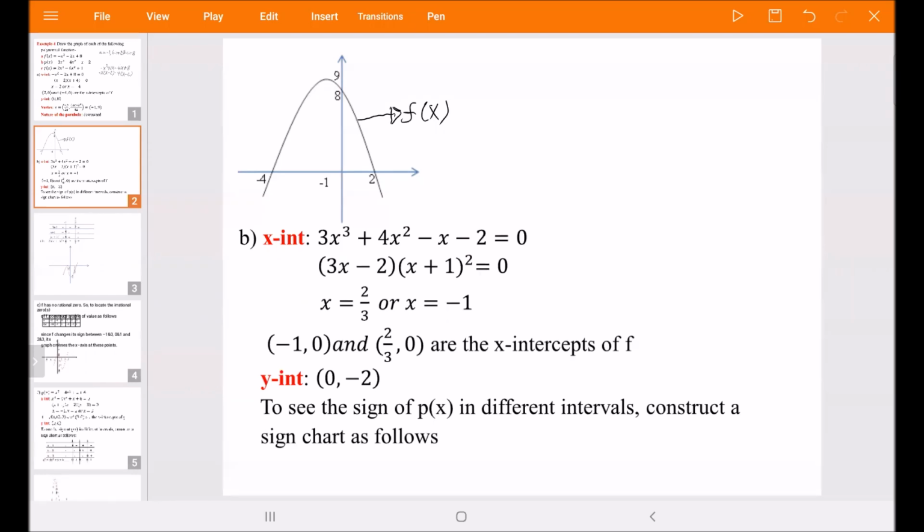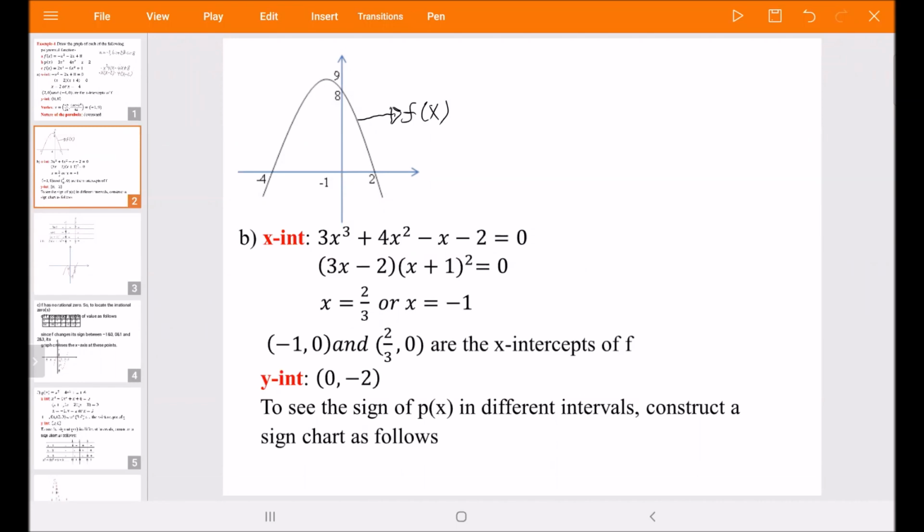For example, x plus 1, that means x is equal to minus 1. Its multiplicity is an even number, which means at x equal to minus 1, the graph of this polynomial touches the x-axis without crossing it. But at x equal to 2 over 3 and similar factors, it crosses the x-axis from above to below or from below to above.